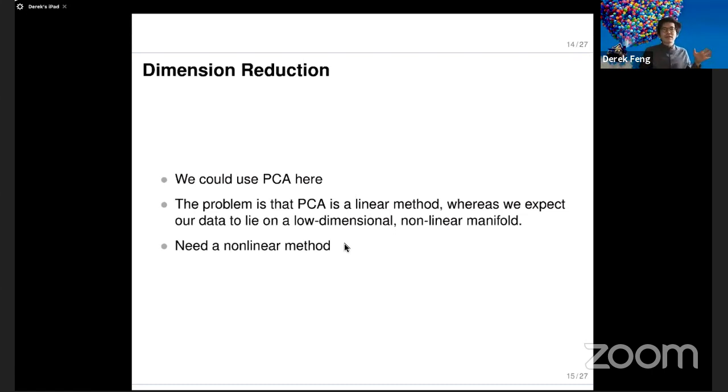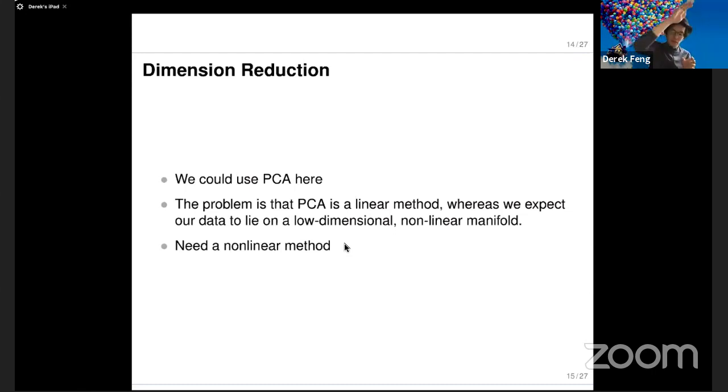So we assume there's actually a non-linear low dimensional manifold that these word embeddings lie on. It could be something like a unit sphere, but it's going to be a little bit more convoluted.